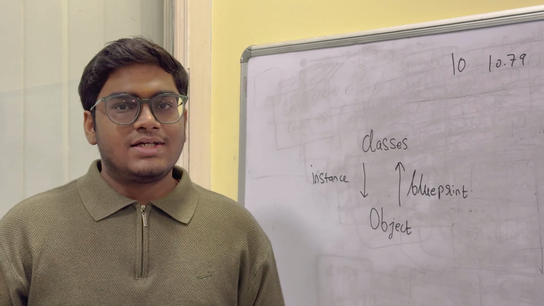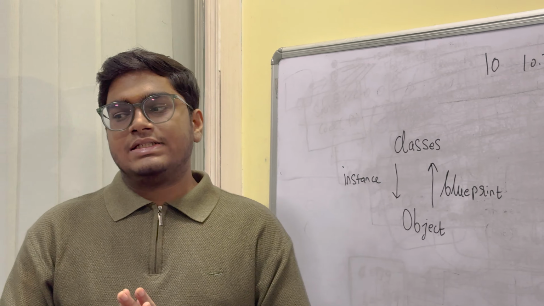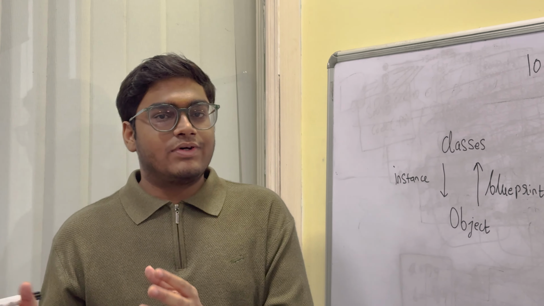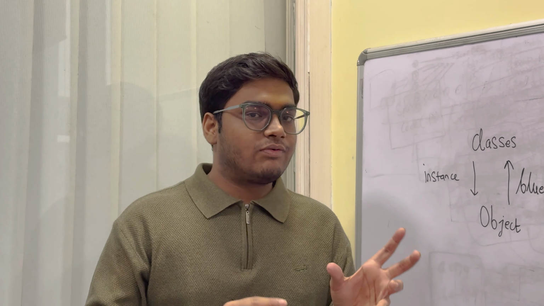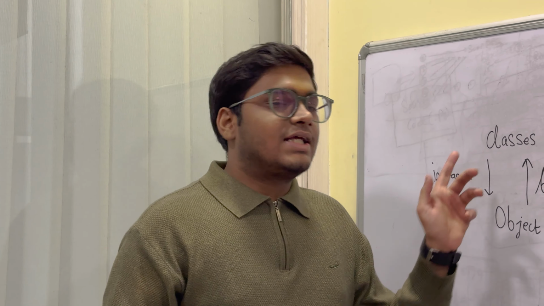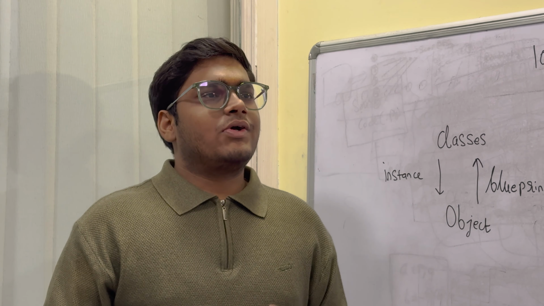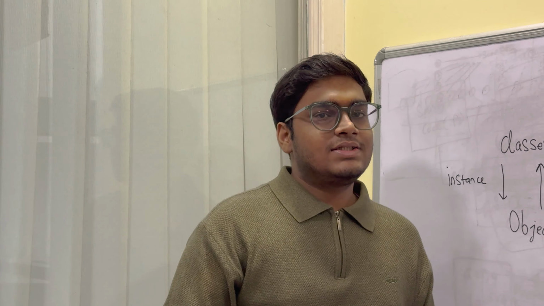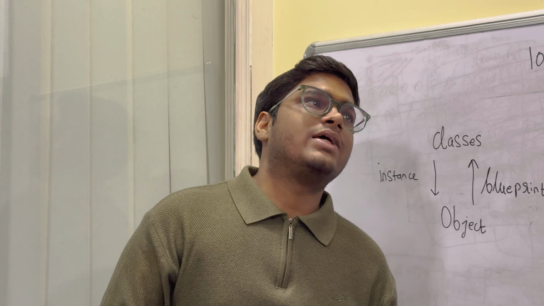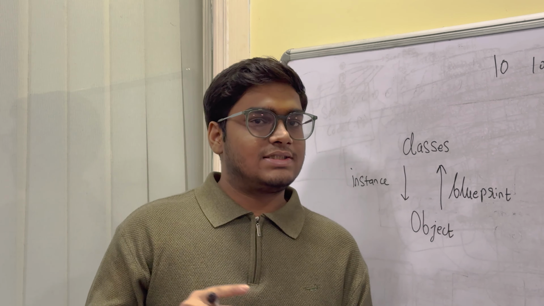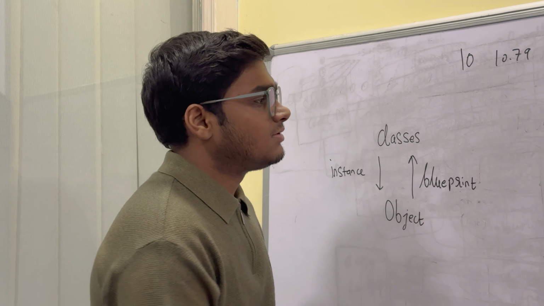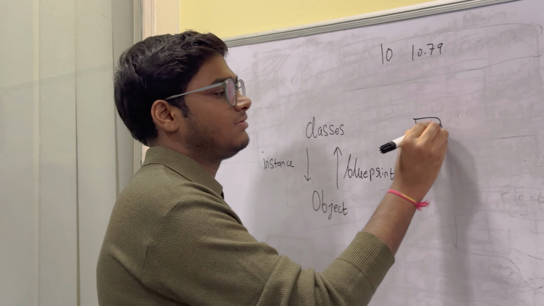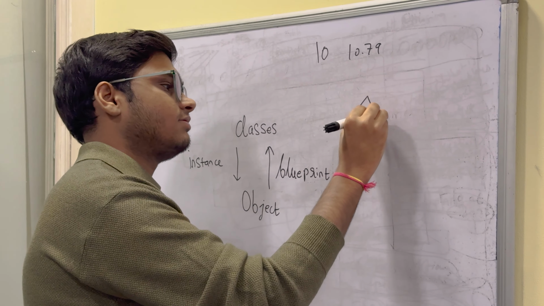The blueprint where we create a diagram or a structure of what the building would look like, what are the different rooms, how it would be structured and all. So that's a class. Now, what would be the object based on that scenario? The building itself. So the classes will show you the blueprint like, okay, this is the house, this is how it should look.